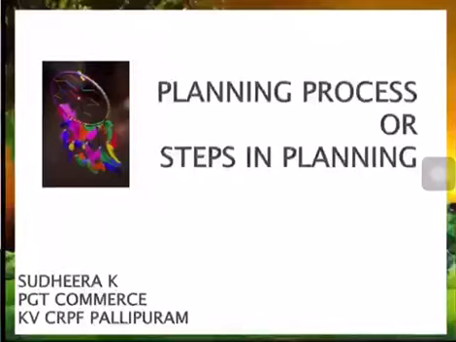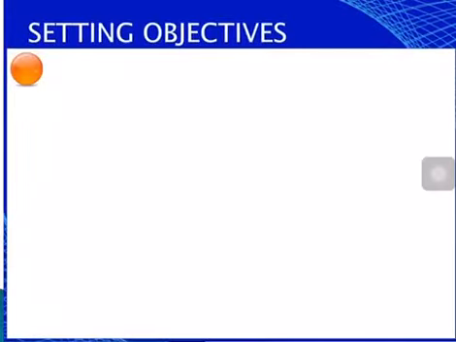Today we will discuss the last topic in the chapter, planning process or steps in planning. Before analyzing these steps in planning, we will just see what is the definition of planning.